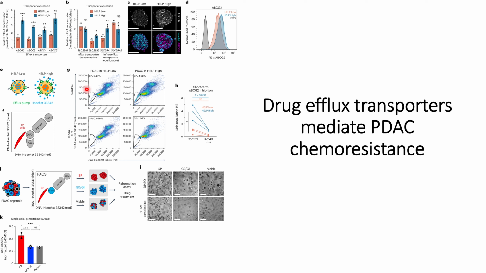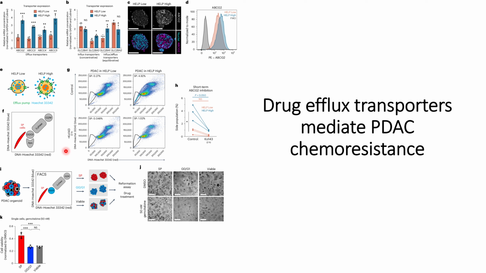When they checked the results, they found that in HELP low, a low amount of cells are present in the side population, whereas in HELP high, a high amount of cells are present, indicating that more drug efflux transporters are present in tumor cells grown in HELP high conditions.